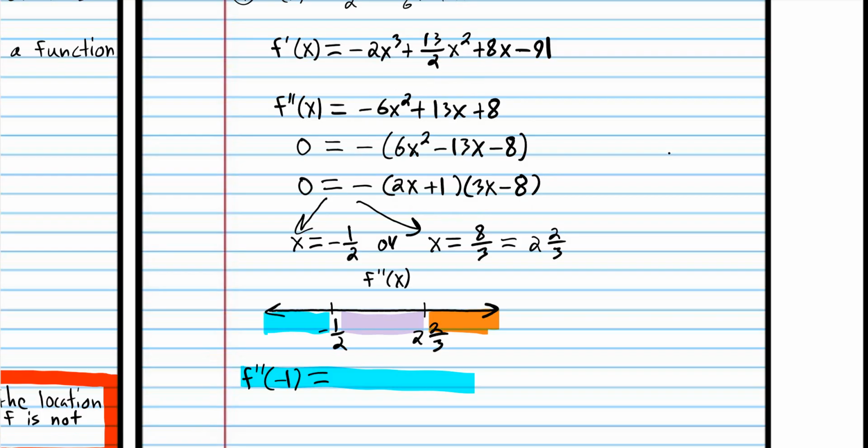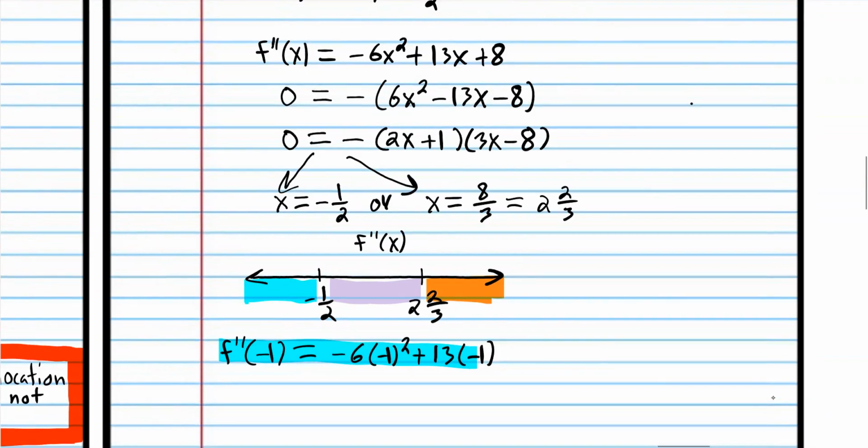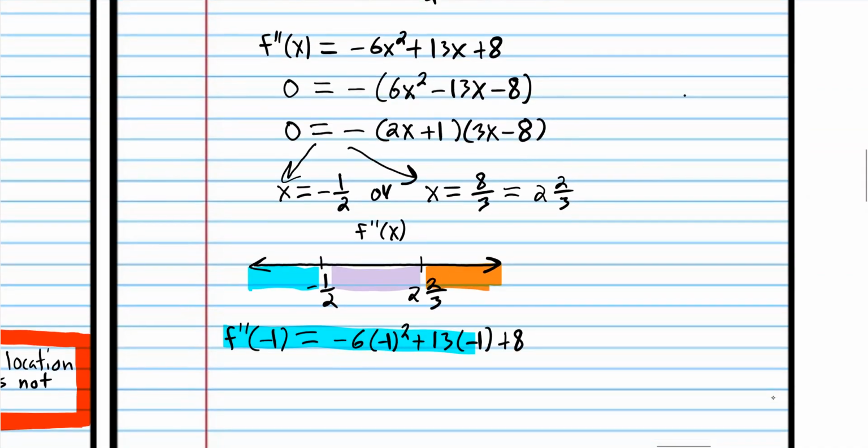And if you're going to do this in your head, I feel like this expression would be easiest. But just to simplify things, I'm going to use this expression here. So we're going to plug in -1. So I think I got that right.